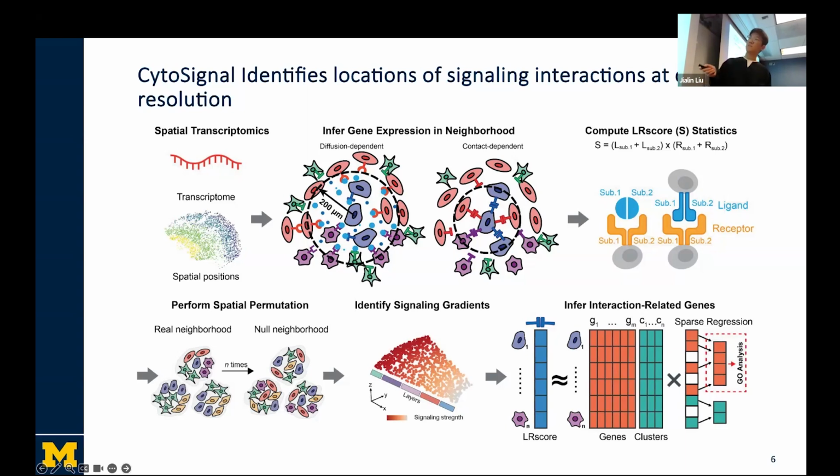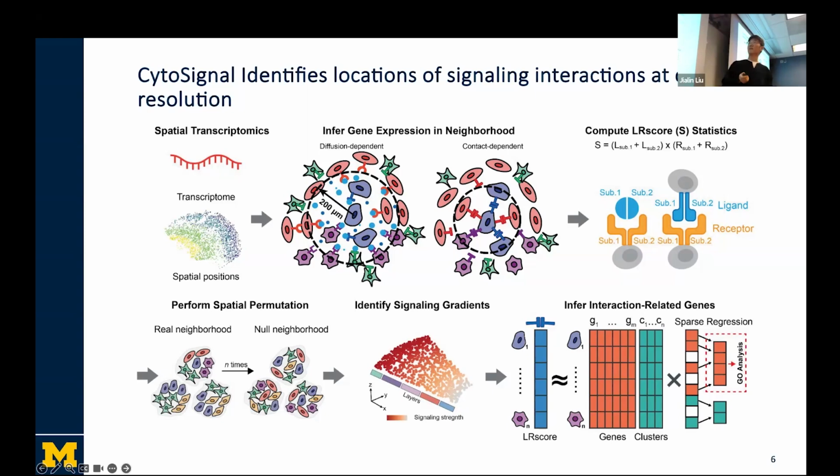For contact-dependent interactions, we only define the neighbors as the directly connected neighbors, which means only the cells that can directly touch the index cell are these close neighbors. For the diffusion-dependent ones, we assume a 200 micrometer diffusion radius, which means we believe the index cell could send ligands that travel approximately 200 micrometers within the tissue to reach the other cells.